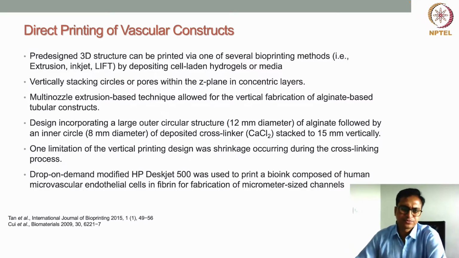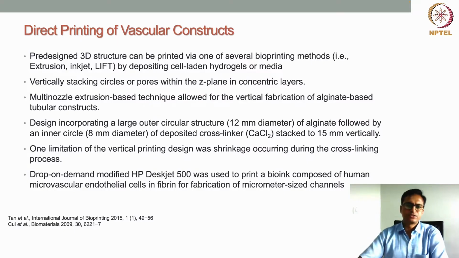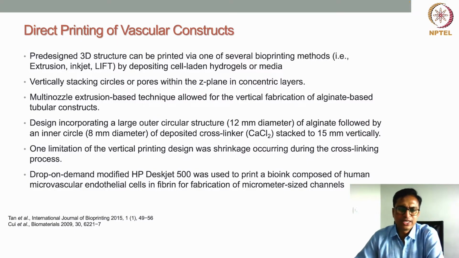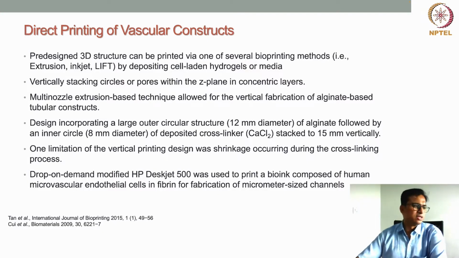using either extrusion-based, jet-based, or lift-based bioprinting methods. The study was done by Tarnatal. They have vertically stacked the circles or pores in concentric layers. It's a multi-nozzle extrusion-based system, and they printed alginate-based cell-laden hydrogel in concentric cylinders.